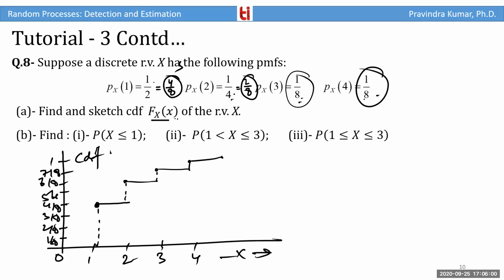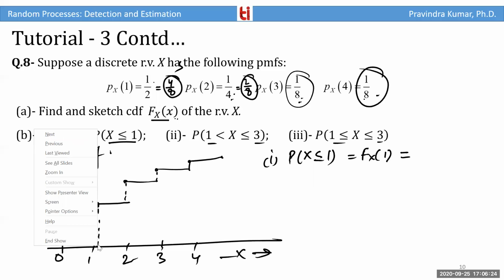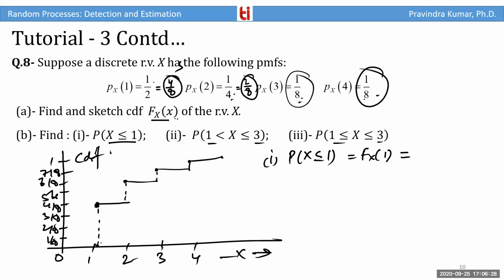And now the next part is to find the probability of x less than or equal to 1, x less than 1, and x between 1 and 3. So first, if I consider x less than or equal to 1, you can write it as F(1), and F at 1 is 4/8.